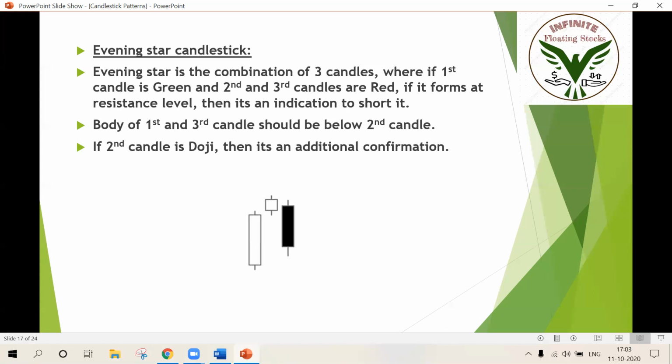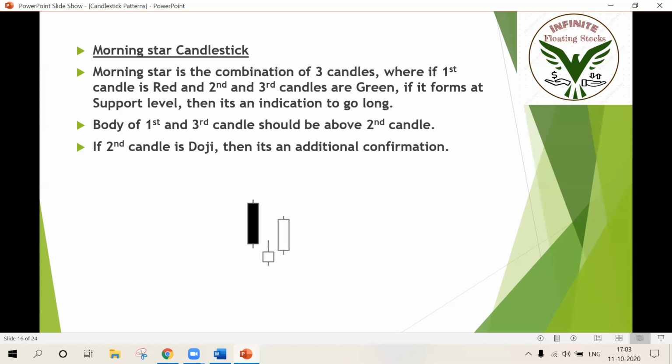On one fine evening, you went to a beach, sat there, and are looking at the Sun. The Sun is setting, going down. So the evening star candlestick pattern is an indication to go short. It's like selling pressure. That's how you should remember morning star and evening star.